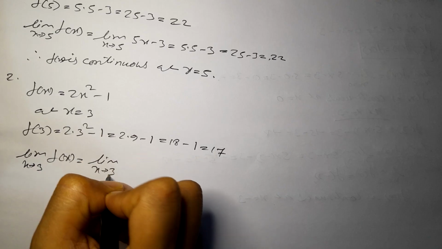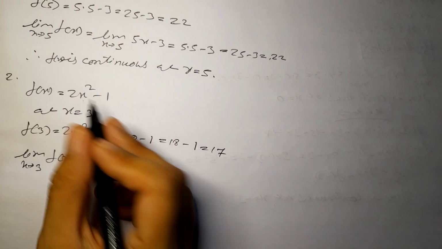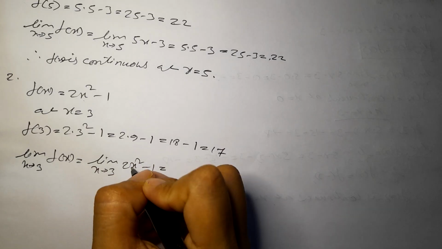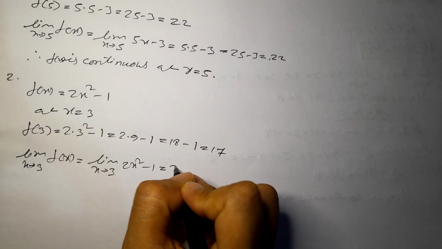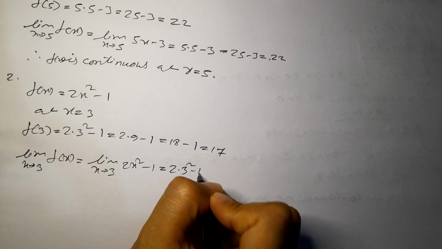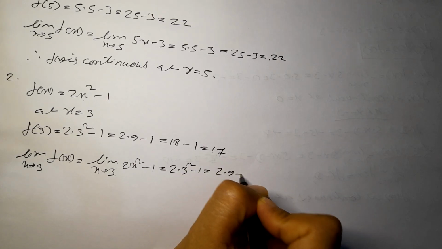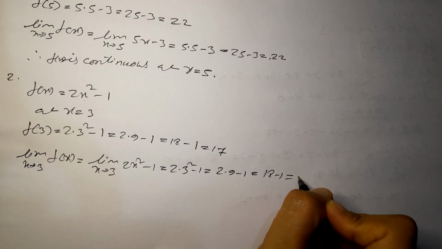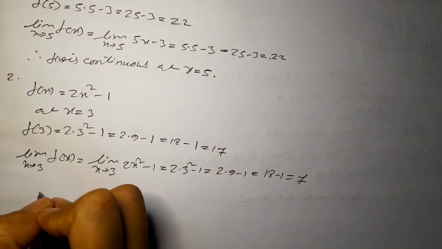Now let's find the limit x tends to 3, f(x), which is the limit of 2x square minus 1. Instead of x it will be replaced by 3. 2 into 3 square minus 1, 3 3s are 9, 9 2s are 18, minus 1, that is equal to 17. These two are equal.